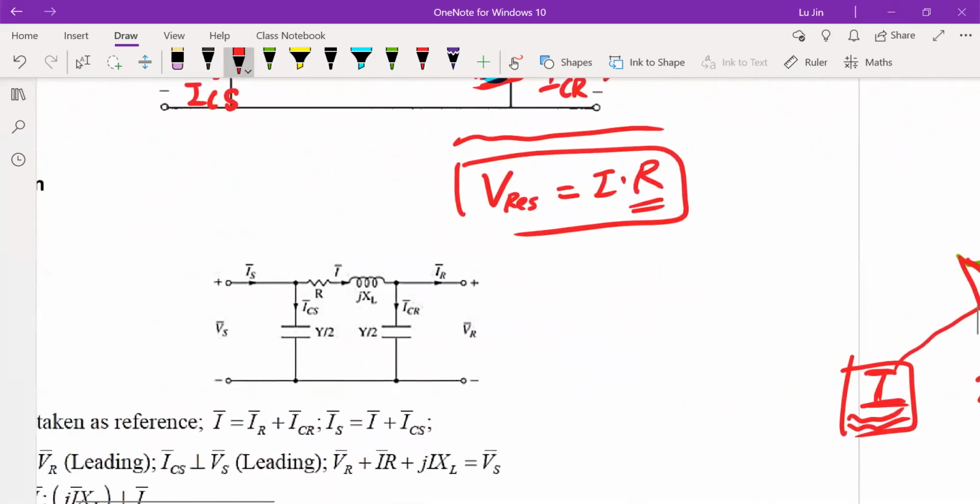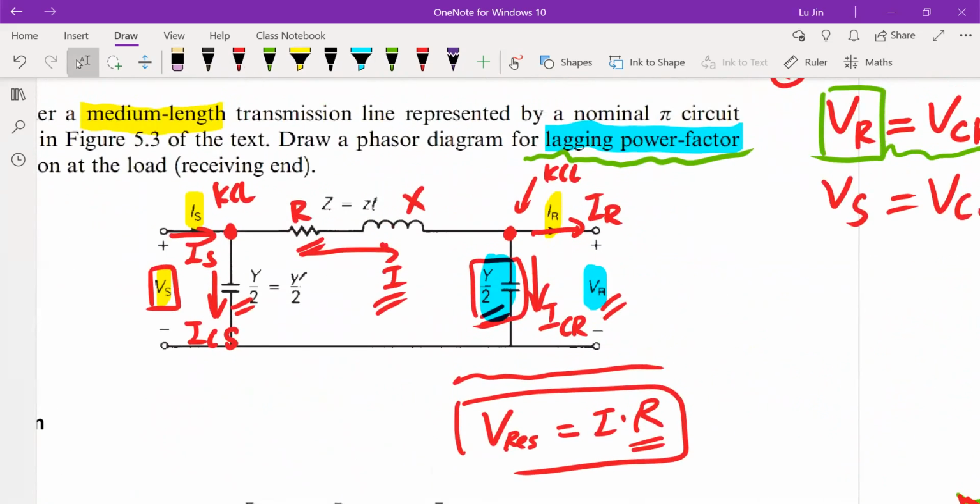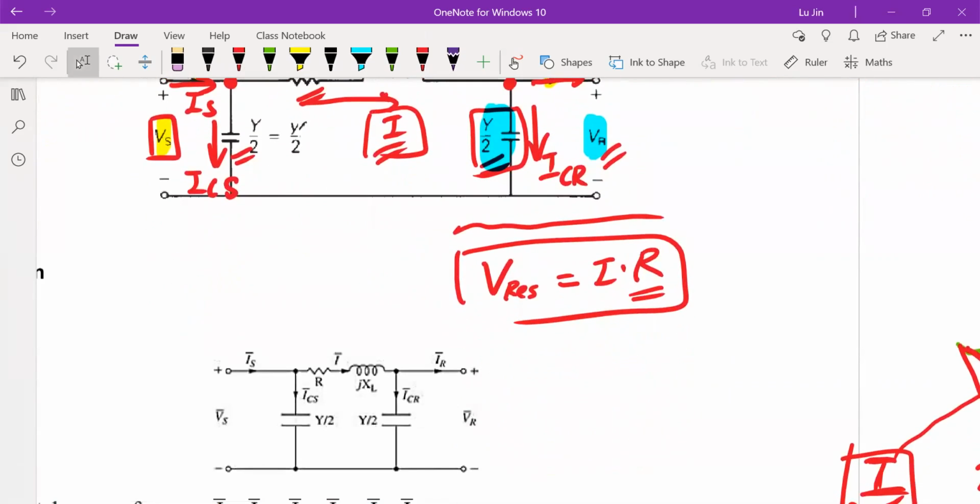So after going through the resistor, this current I will go through the impedance. And this impedance is inductive, so it must be able to introduce a negative 90 degrees angle in the voltage across it. In other words, let me just slow down.